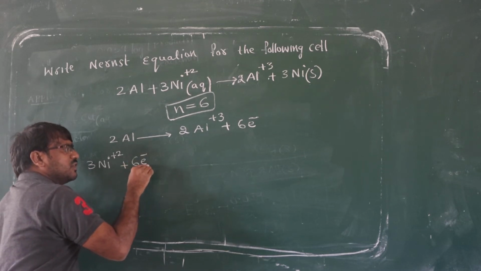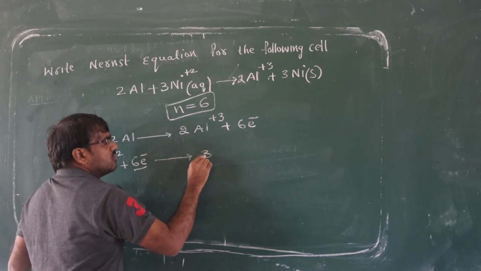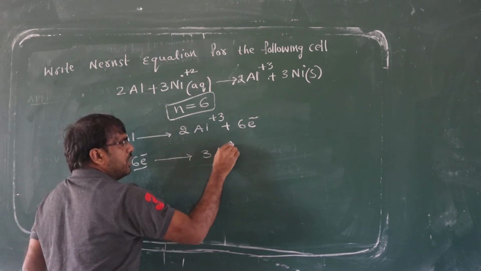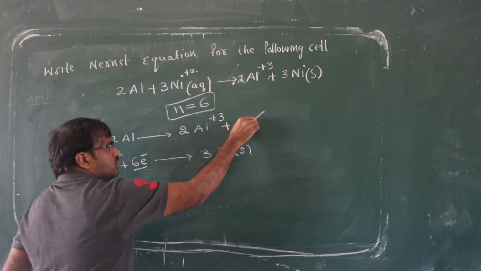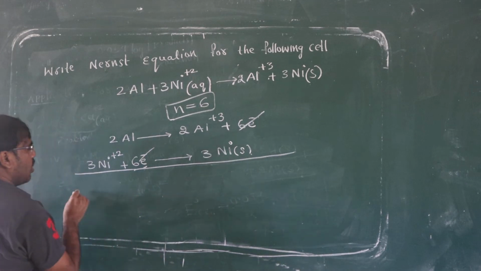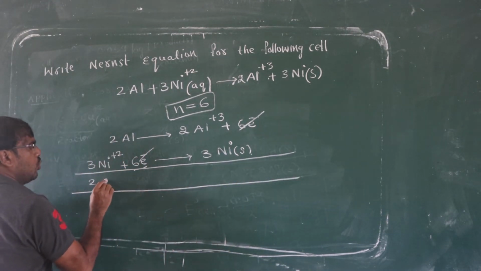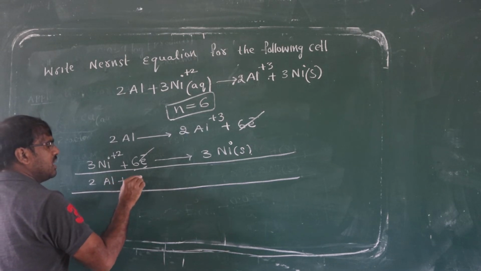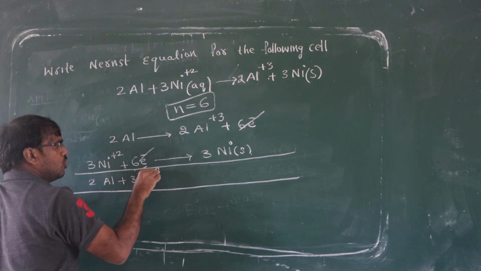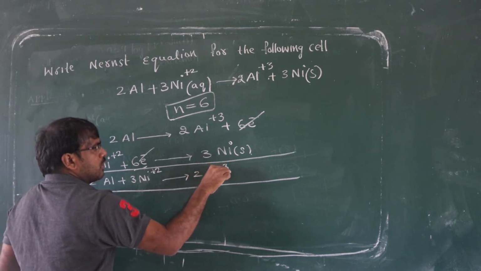The same 6 electrons, and it is converted into 3Ni solid. 6 electrons get cancelled. Then what is the overall reaction?